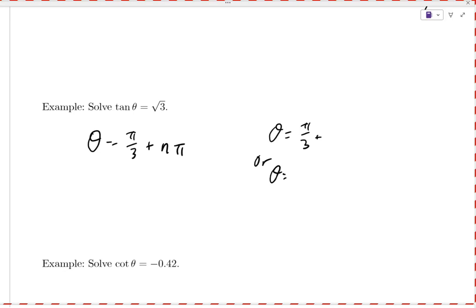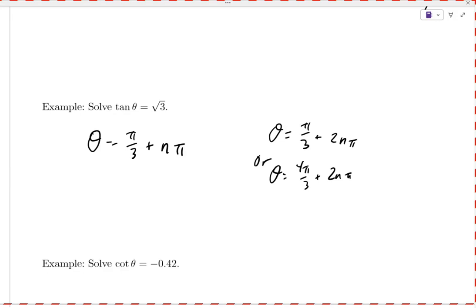What pi over 3 angle would you have in quadrant 3? 4 pi over 3. And then add your multiples of 2 pi. And notice now I've written it backwards. Now I've done 2n pi instead of 2 pi n. Again, it doesn't matter the order. I think the book does it in the other order, but literally the order doesn't matter. This is the exact same set of solutions as this is.